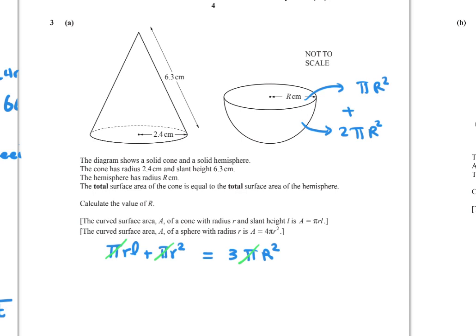And substitute the radius for the cone, which is 2.4, and the slant height, which is 6.3. So 2.4 times the slant height, which is 6.3, plus r squared, which is 2.4 squared, equals 3R squared.